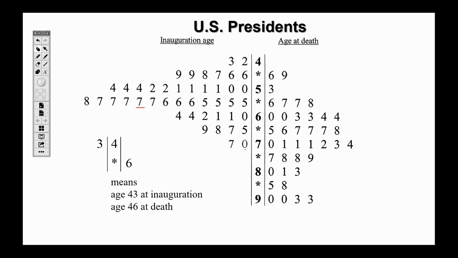Okay, if we're reading that way. And if I go over here, here's 63, 67, 79, etc. Okay, and we have a key here: 3|4 going this way is 43, and *|6 is 46 because we included that here. You can see that. Okay, so we have a key always.